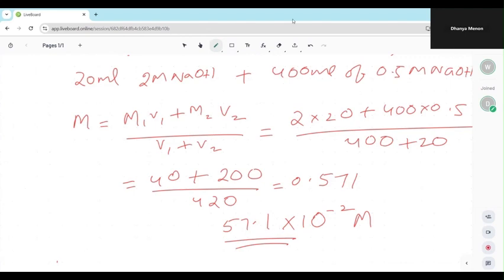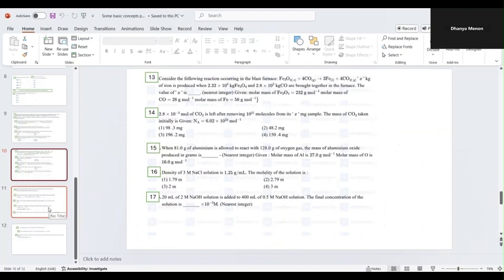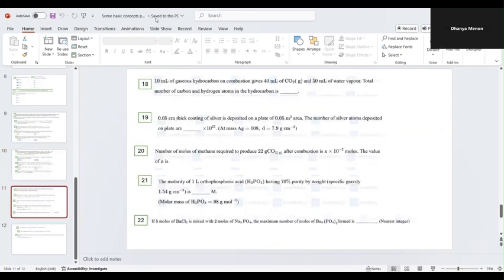So students, coming to the next question, question number 18. Ten ml of gaseous hydrocarbon.